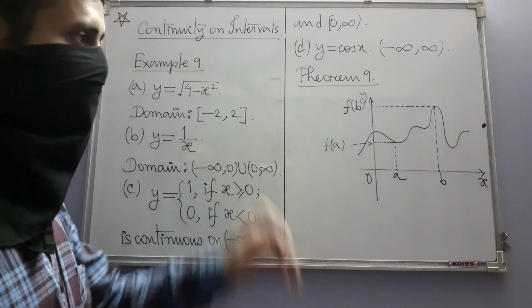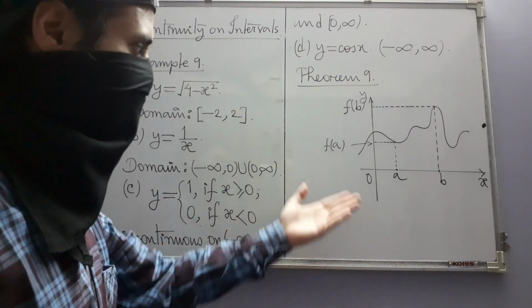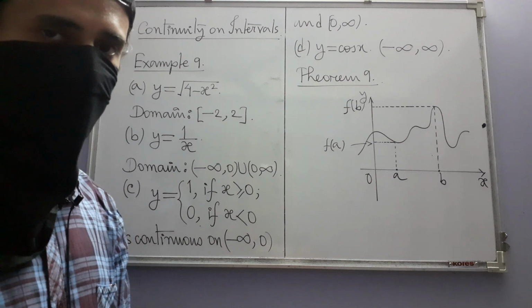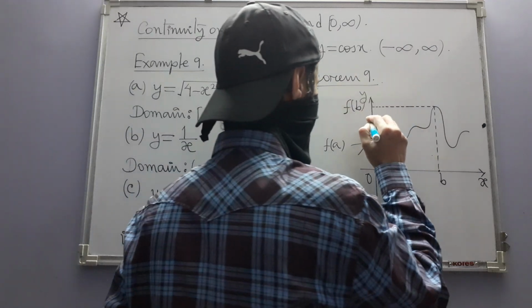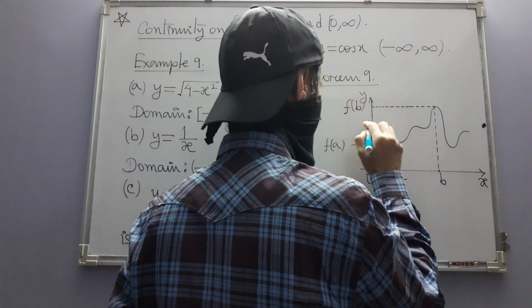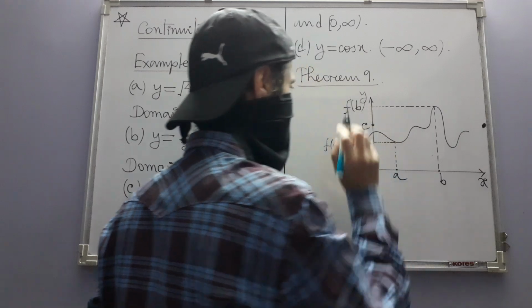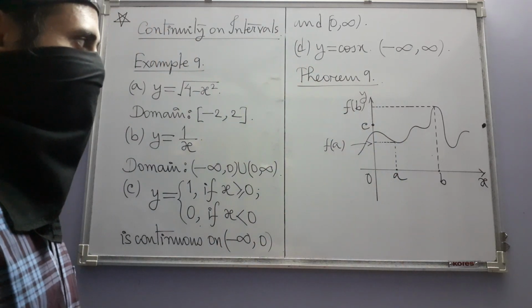Let us now arbitrarily choose any real number lying between f(A) and f(B). Say I choose this one and call it C.